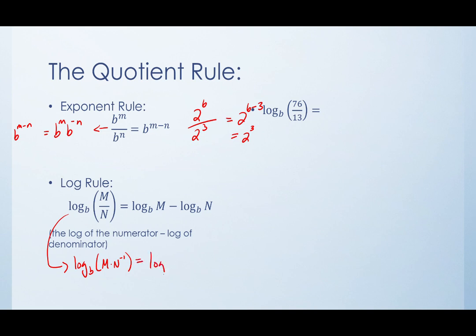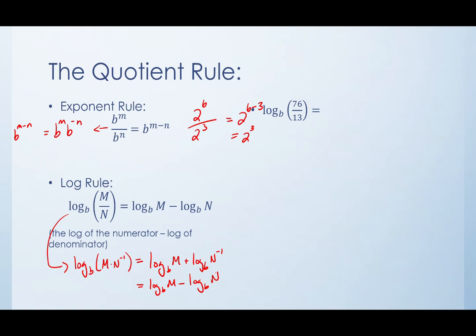There's the product rule, log base b of m plus log base b of n to the negative 1. And then the power rule, bring that negative 1 out front of that log, and you've got the same result. But that's 2 steps instead of just 1.